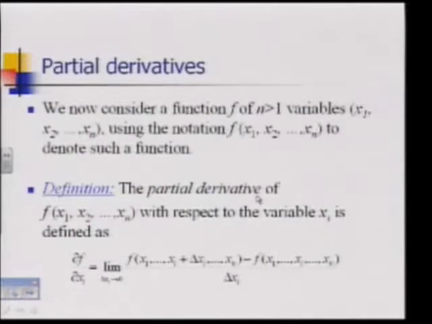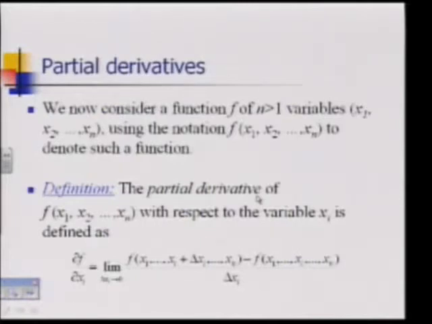If you have a function that involves n variables, x1 through xn, and we want to talk about the derivative with respect to a particular variable xi, what we need is, just by definition, the increment with respect to this variable while keeping the other variables fixed, and then take the limit.